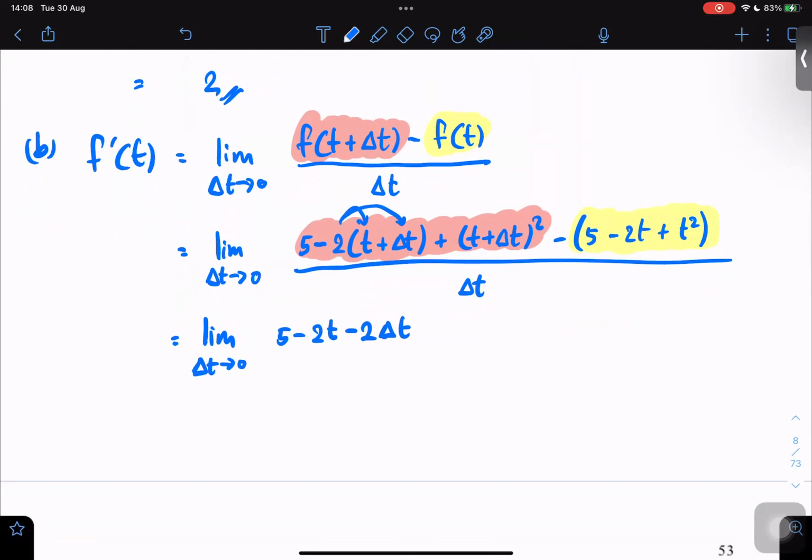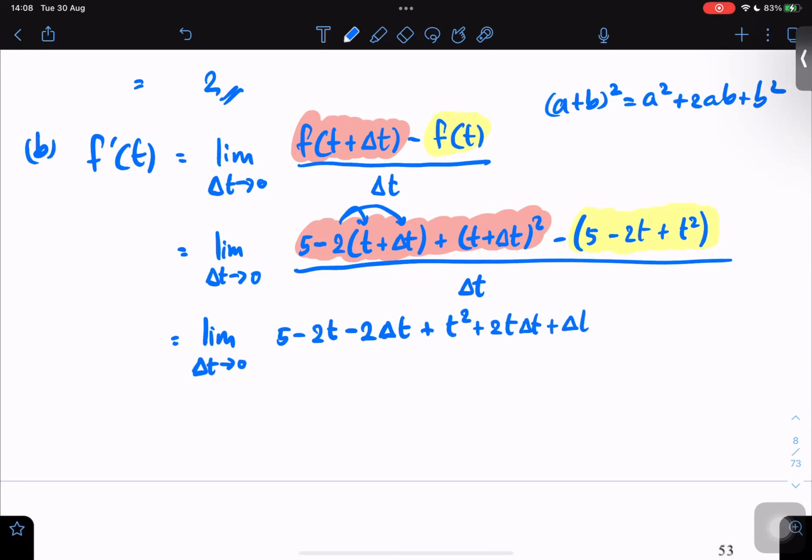Plus, using the same formula, (a plus b) squared equals a squared plus 2ab plus b squared, this becomes t squared plus 2t delta t plus delta t squared.